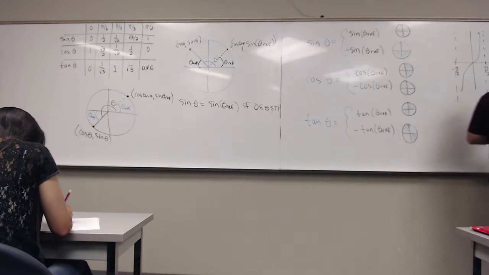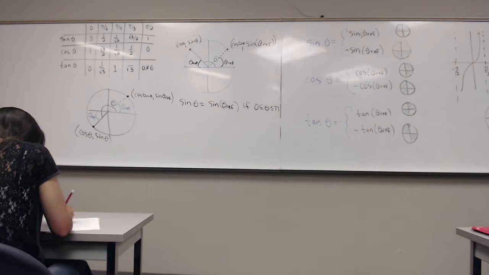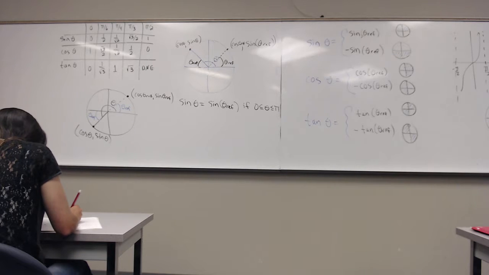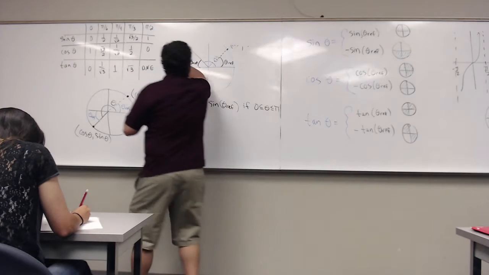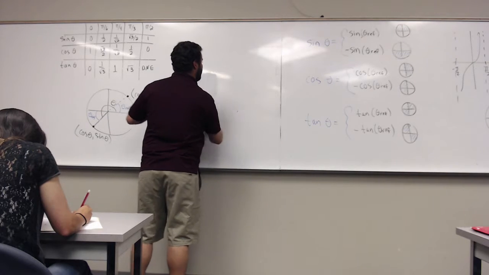Again, you can see that from the graph. 3 pi over 2 to 2 pi, that's the fourth quadrant. Pi over 2 to pi is going to give you the second quadrant. So now we don't have to memorize the entire unit circle anymore. So let's see how this works with some examples.